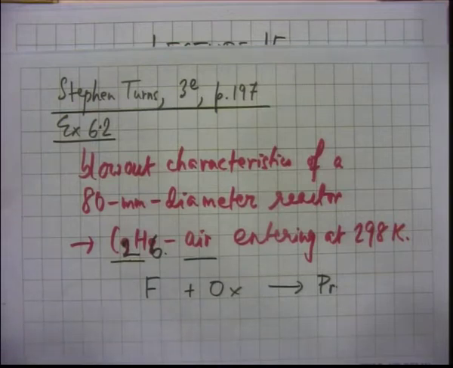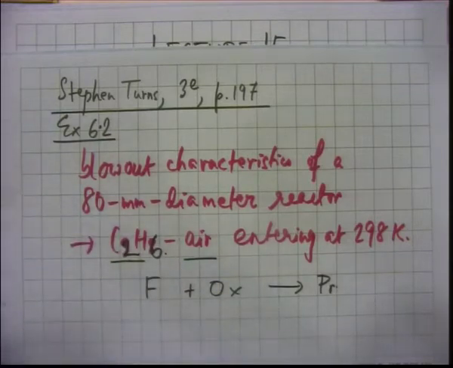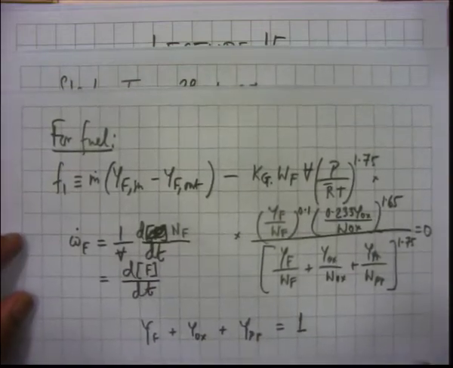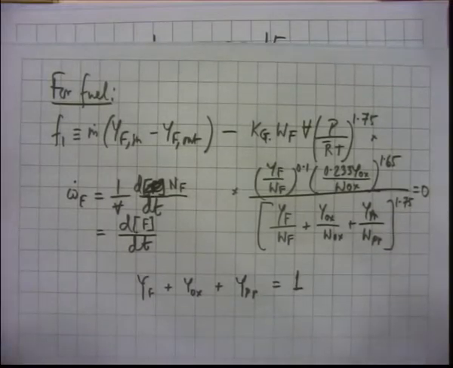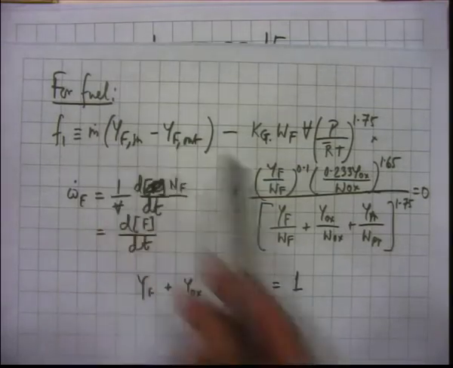So, we need to solve these equations, and for the species equation I had written something like this yesterday in lecture 14. This is what we did. This comes from the species equation.